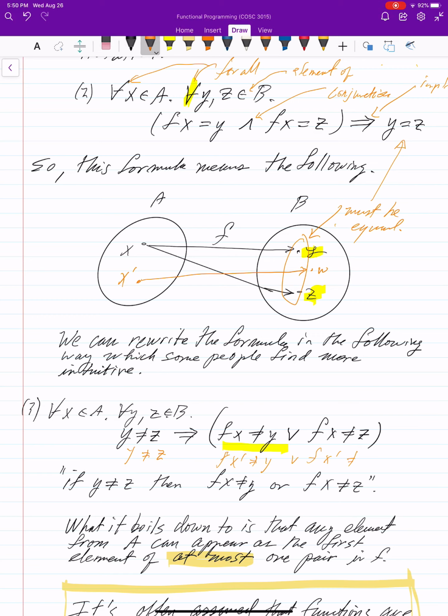But look, that's true because f of x prime is equal to w. So f of x prime is not equal to y, that's true, or f of x prime is not equal to z, that's true. And the truth table for or says, oh yeah, true or true is true.